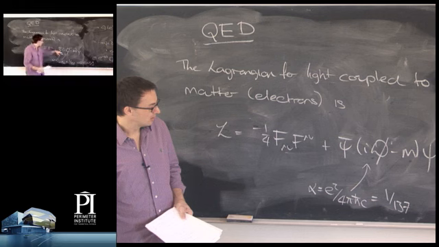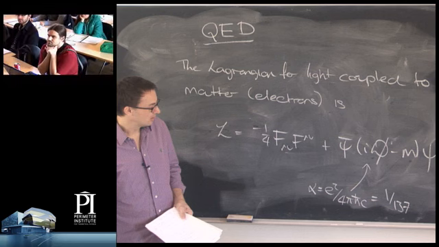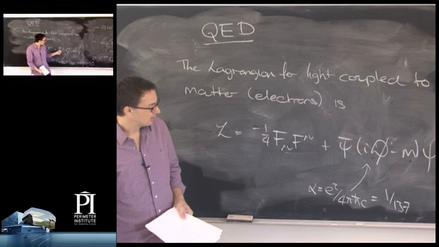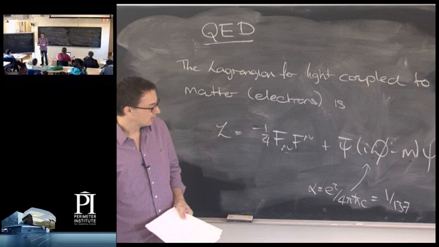Then you introduce a field for protons, and you couple it. Exactly what you write down depends on what you're interested in, but in the fundamental theory, there are fields for quarks, fields for muons, taus, electrons, and they all couple to each other. Other questions?